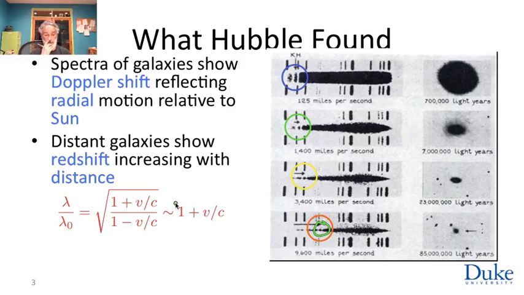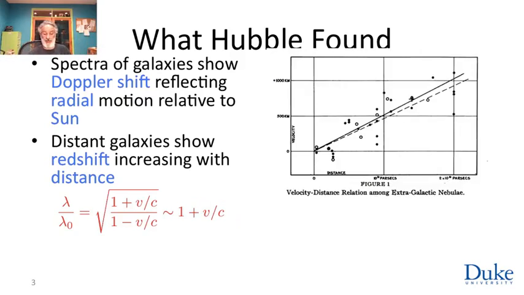Both of those are things we're familiar with by now, and he can convert the observed redshift into an observed recessional velocity, and the statement that the redshifts are increasing with distance is the statement that the farther a galaxy is, the faster he observes it moving away from us. So here is Hubble's collection of data from the paper that he published, and what we see here, the horizontal axis is distance, the vertical axis is recessional velocity, radial velocity.